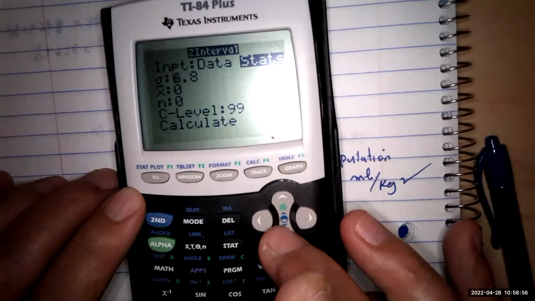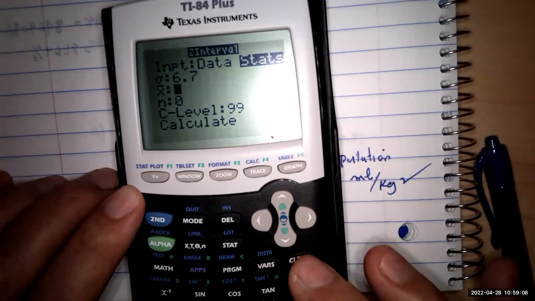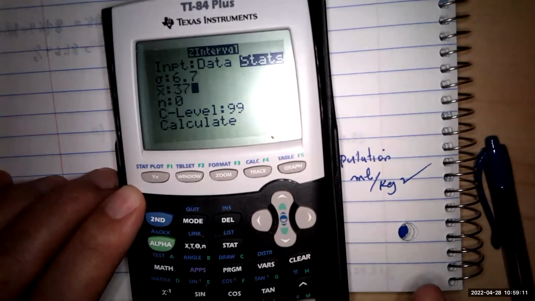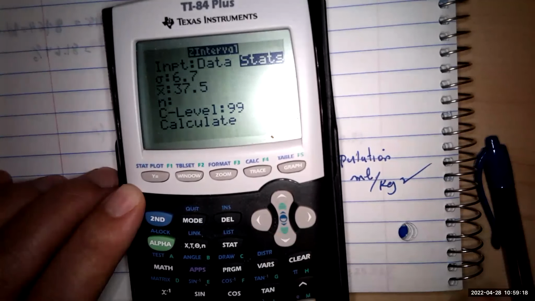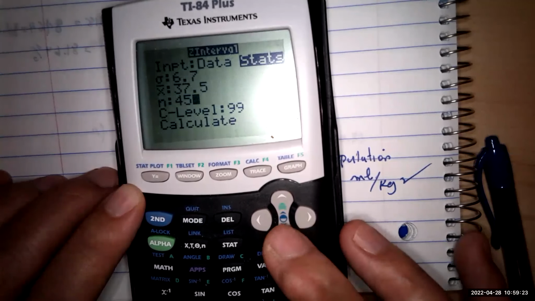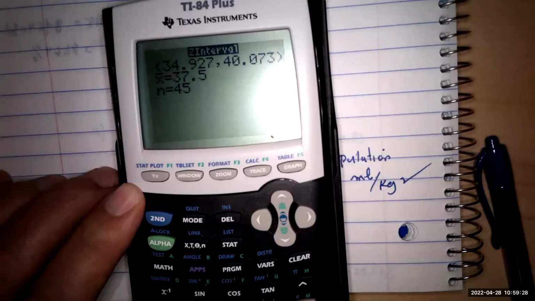They ask for sigma, which is 6.7. Then they ask for the x bar, which for this problem is 37.5. The sample size is 45, and the confidence level is 99. We're going to calculate that to see if this is correct.